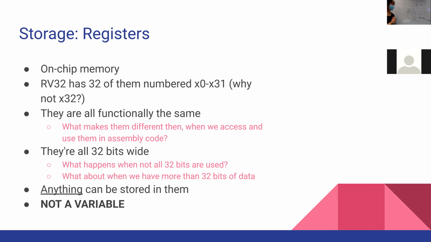Oh, okay. So I guess what the not a variable bullet point is saying is that it doesn't behave the same way as a variable, and you shouldn't necessarily think of it as the same thing as a variable in C because of the specifics that I just named. You can't change the size, you can't change the type, and there's a fixed number of them. That's the general gist of it.